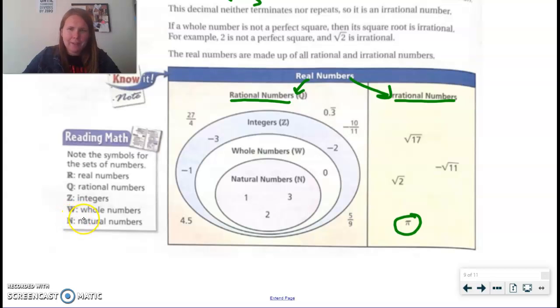I don't use them very often, but if you want to explain, real numbers is R, rationals are Q, integers Z, whole numbers W, natural numbers N. I don't know why they call the integers Z, or rational numbers Q, but there is that as well.